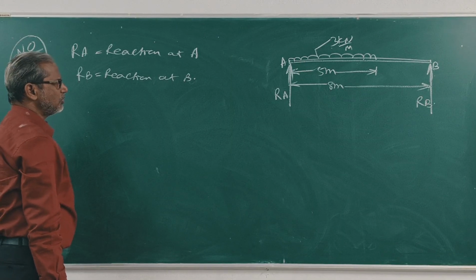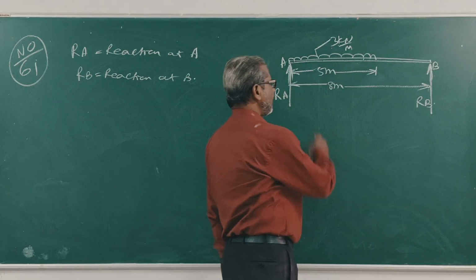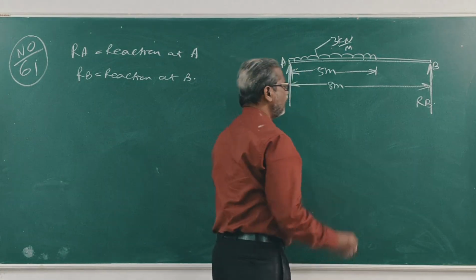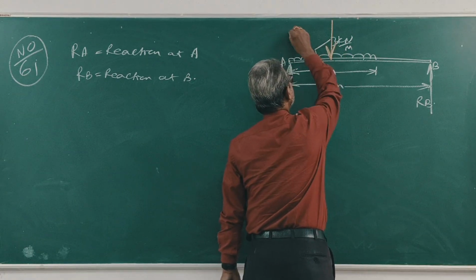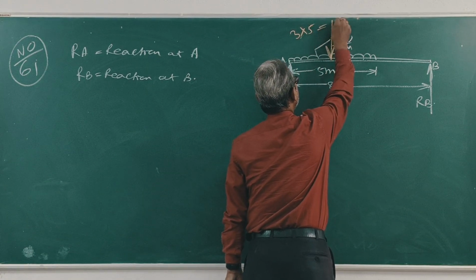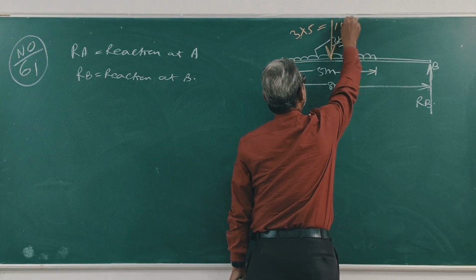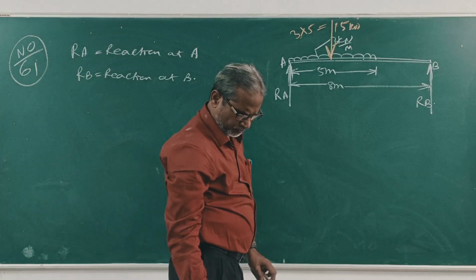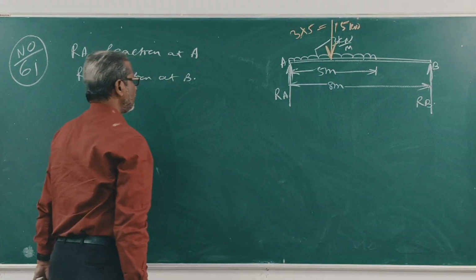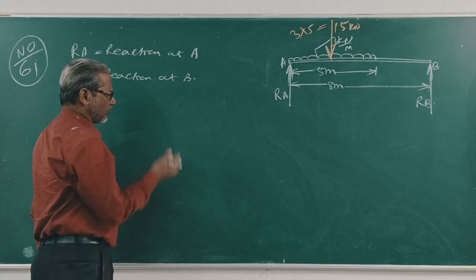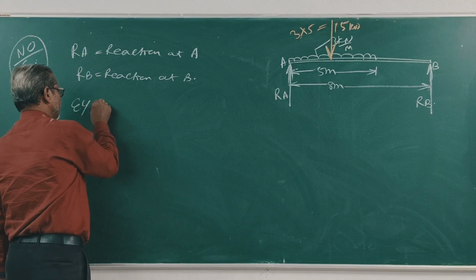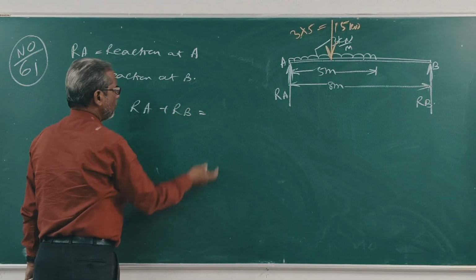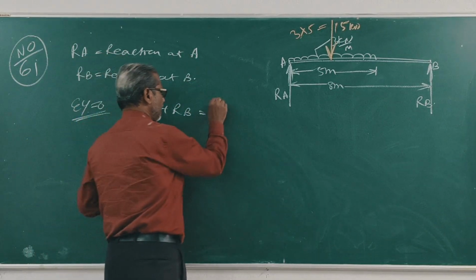Now the total load is 3 kilonewton for 5 meter. 3 into 5 is equal to 15 kilonewton. Right? Now upward force or downward force? Sigma y is 0. RA plus RB is equal to 15.